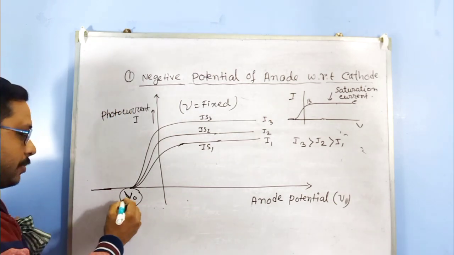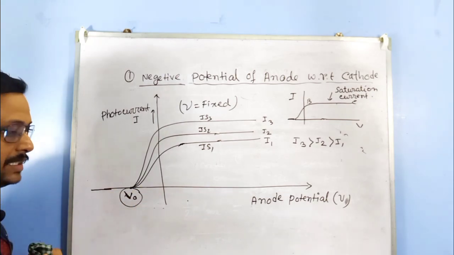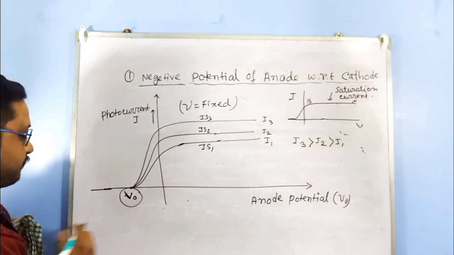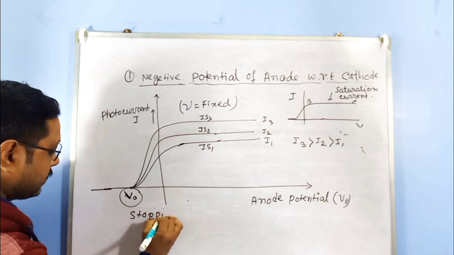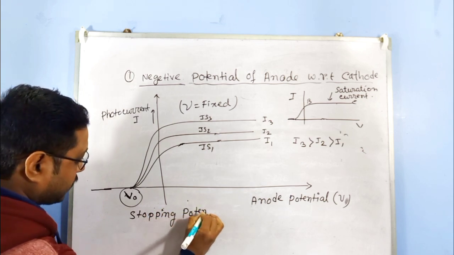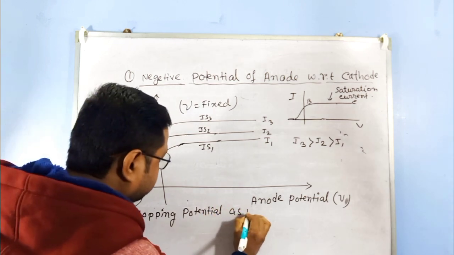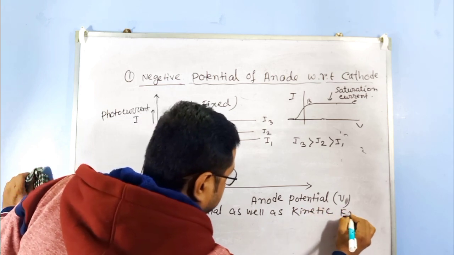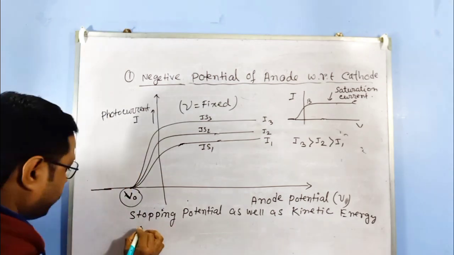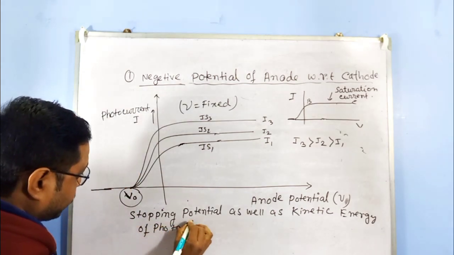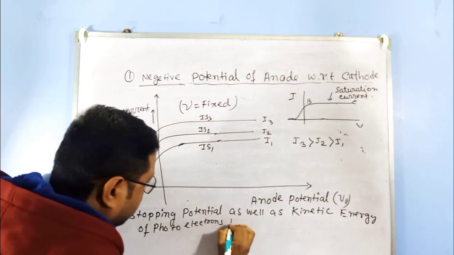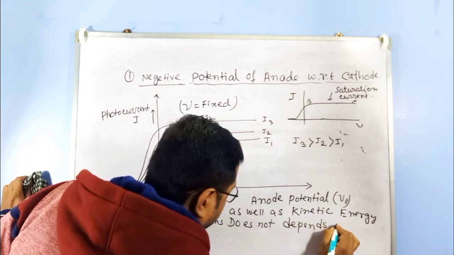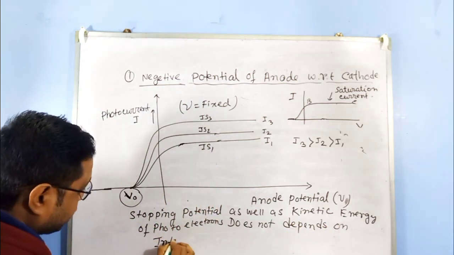And again, as the stopping potential is equal to the kinetic energy of the photoelectron, we can write that the stopping potential as well as the kinetic energy of the photoelectron does not depend on the intensity of light.